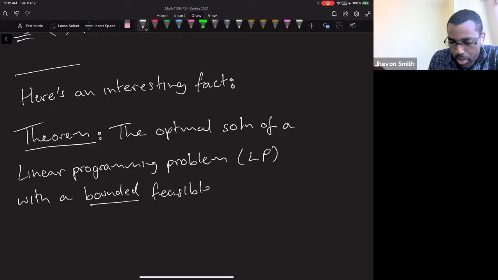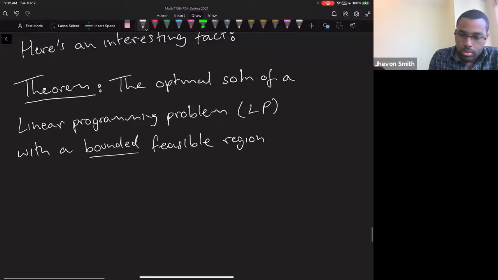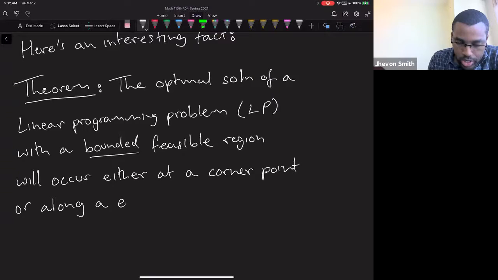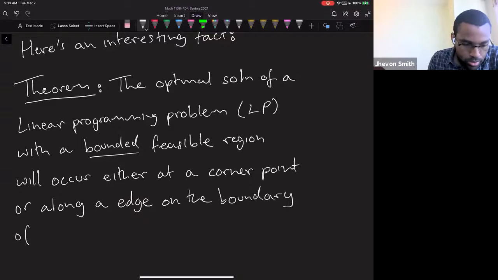That's why it's very important for you to be able to identify bounded from not. Will occur either at a corner point or along an edge on the boundary of the feasible region.